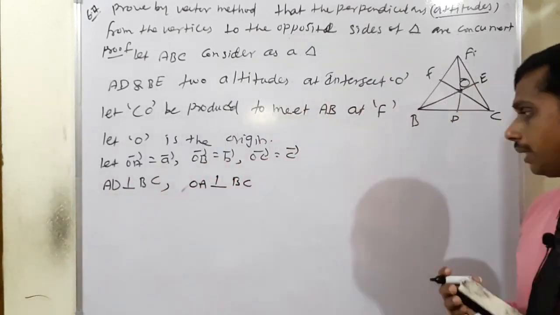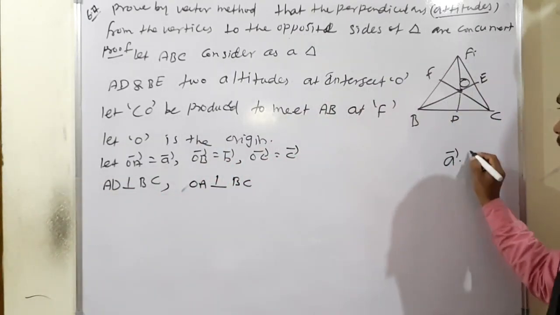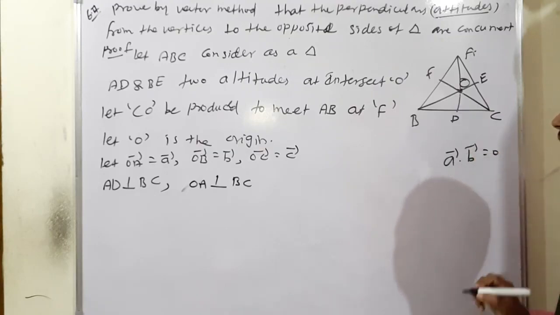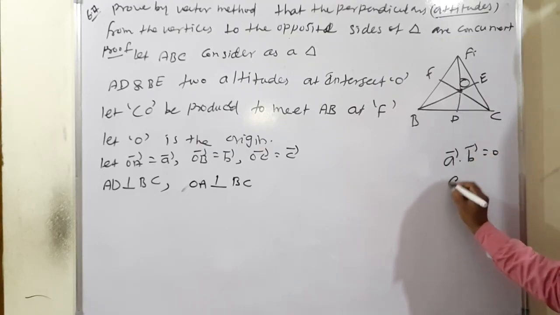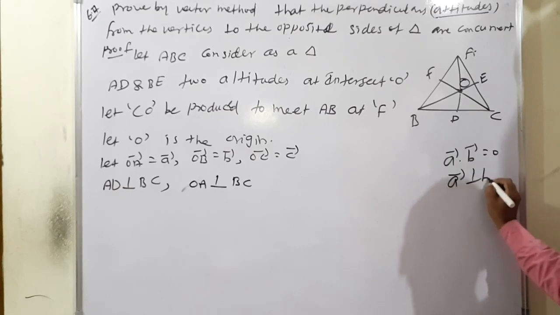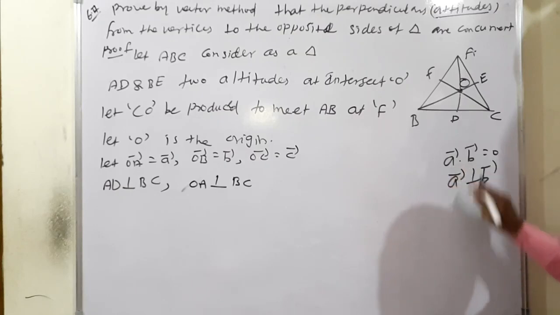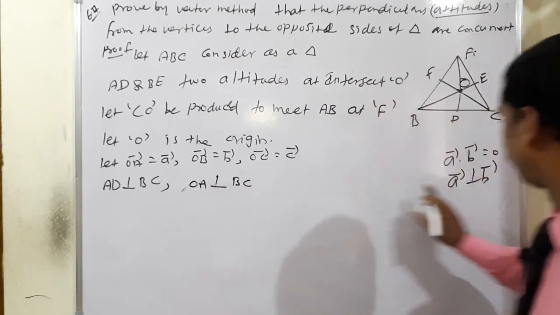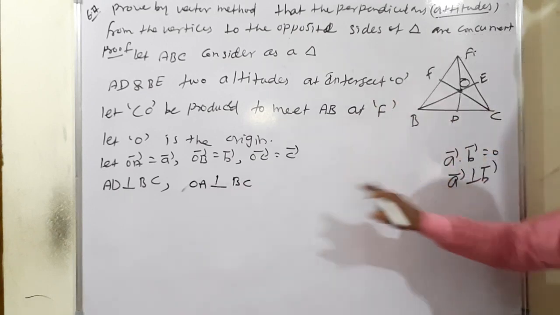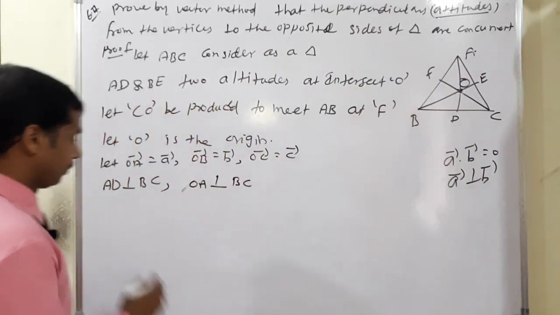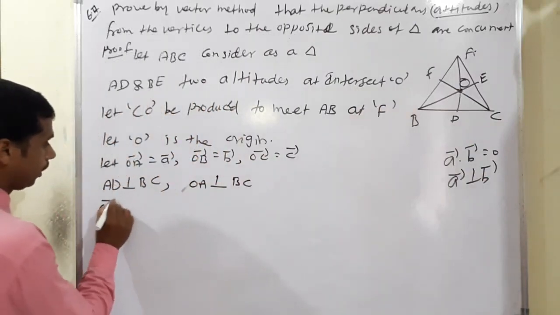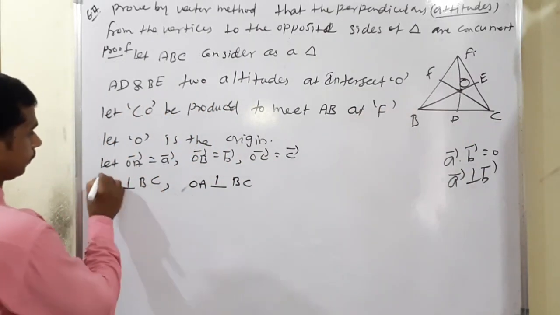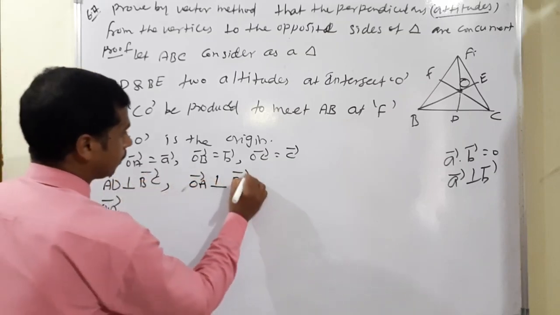Already we learned in the basic concept, if A vector dot B vector is equal to 0, it means A vector is perpendicular to B vector. So instead of perpendicular, we can write it in dot product form.